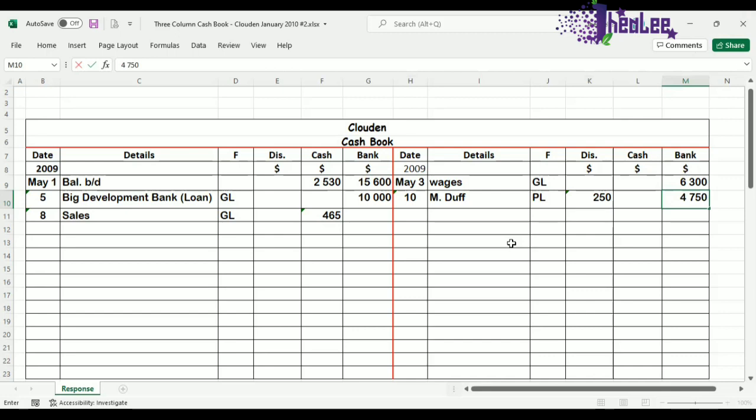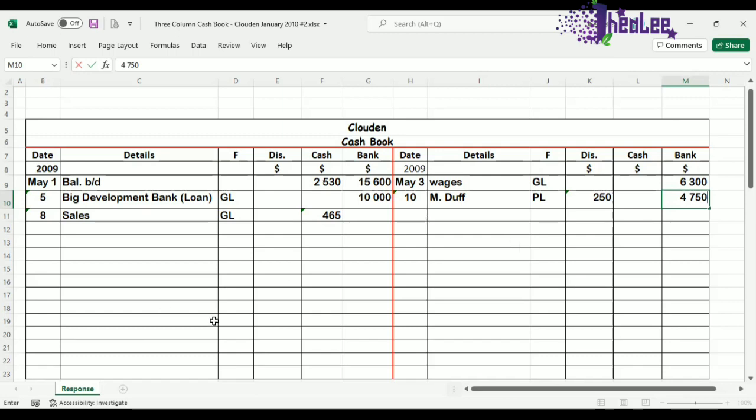For the payments, you got a discount from the creditors. The payment is recorded on the credit side. The discount goes with that. So that's recorded on the payment side. So if you don't remember that it is discount allowed on the left, discount received on the right, wherever you make the entry, the discount will be on that side just the same.